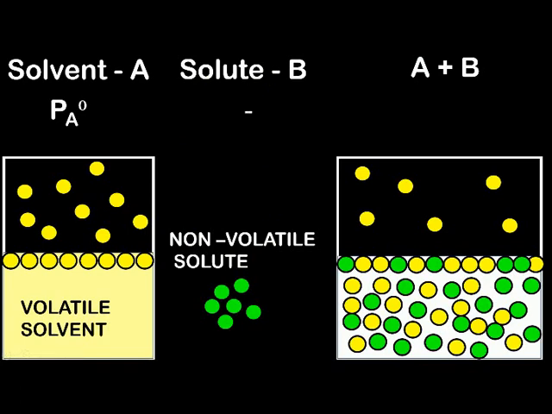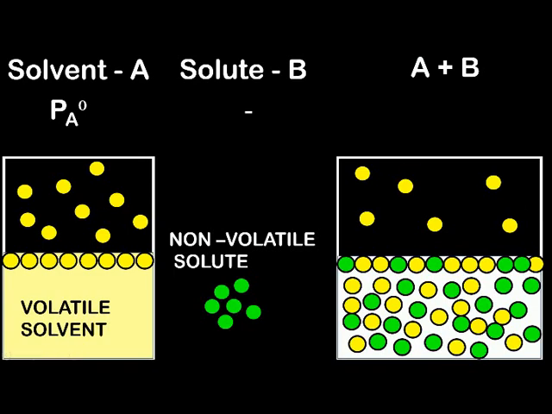Clear with this? Now my one simple question to you all: in this solution, who is responsible for vapor pressure? Is it the solvent, because of whom the vapor pressure is present, or is it the solute?